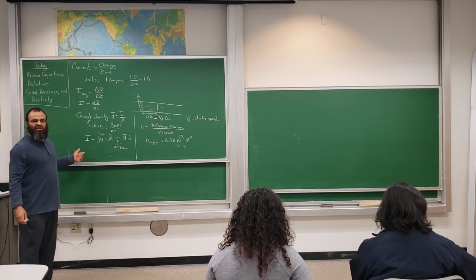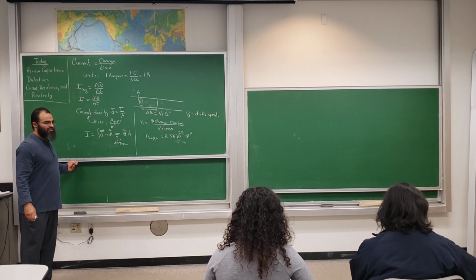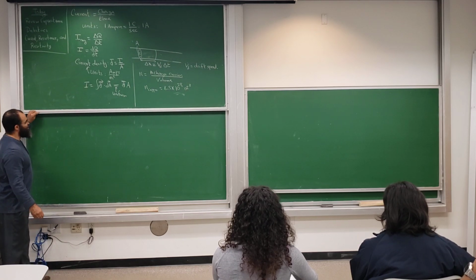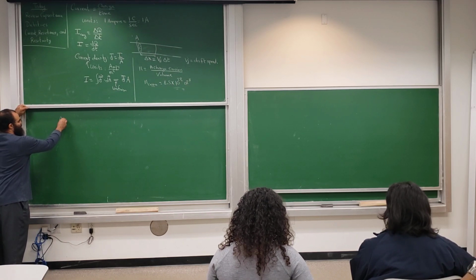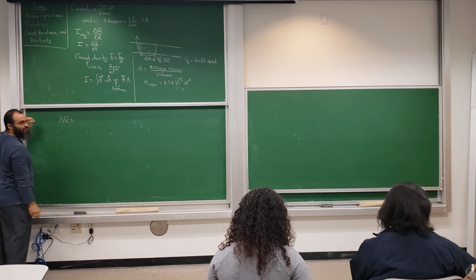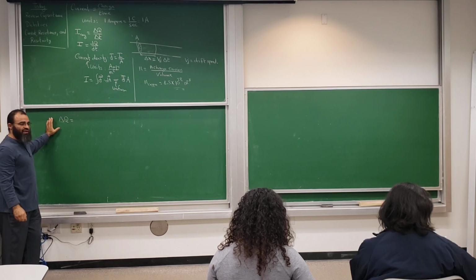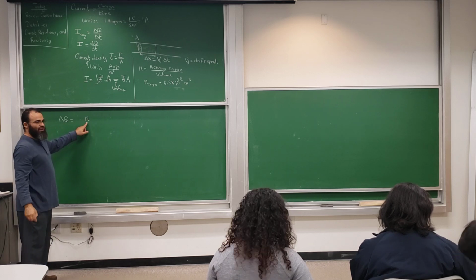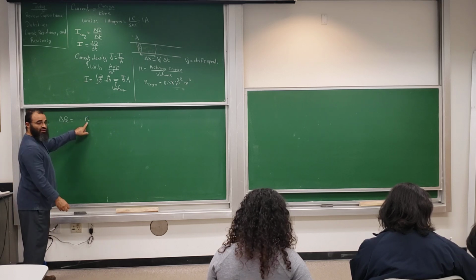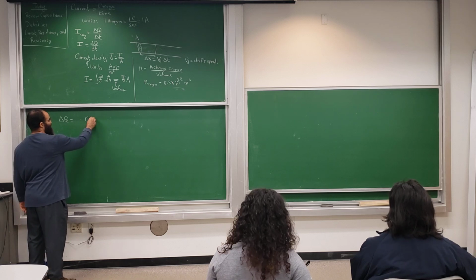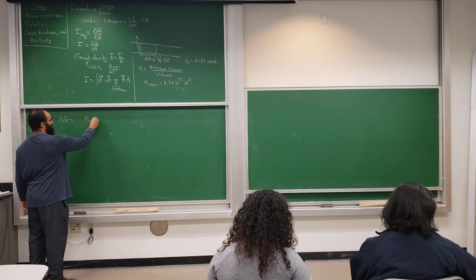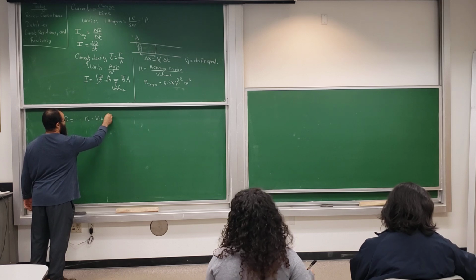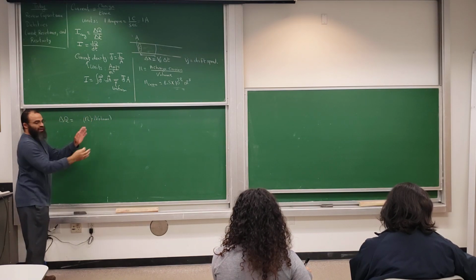So the question is, how many charges have passed by? The answer is delta q. I take the number of carriers per volume, and if I multiply by the volume, I get the number of carriers that have moved.